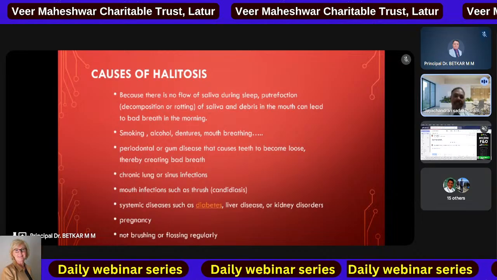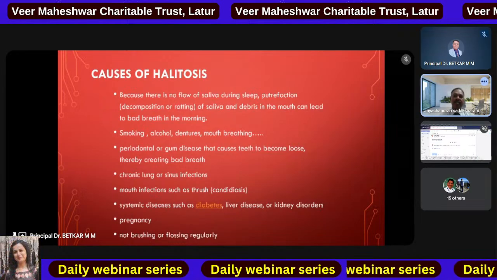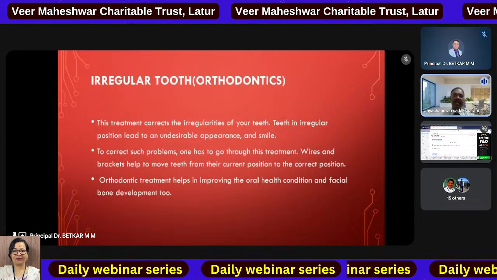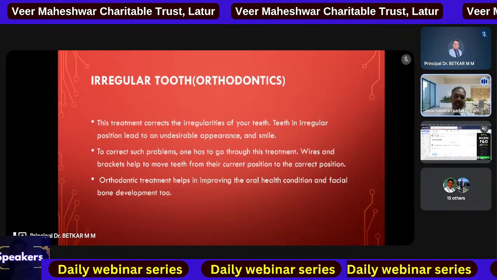Some patients use dentures, an artificial teeth set, which should be maintained properly, otherwise it may lead to severe halitosis. Chronic lung disease and sinus infection are other common causes. So halitosis is not confined only to the oral cavity; it may also be connected to other structures like the lungs and sinuses.